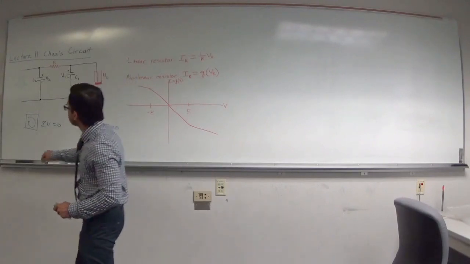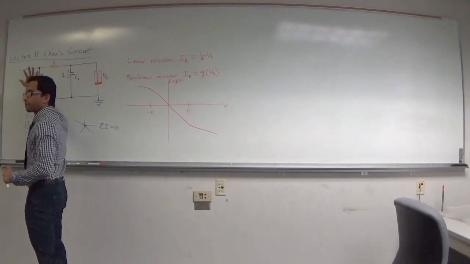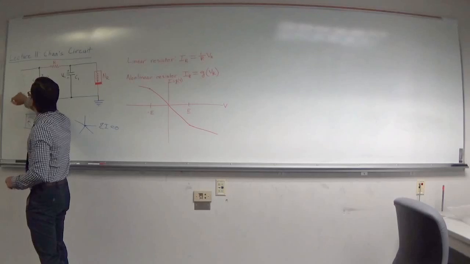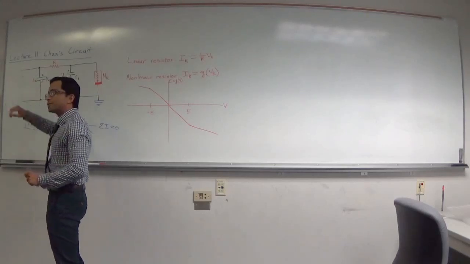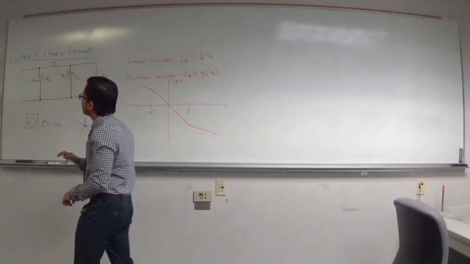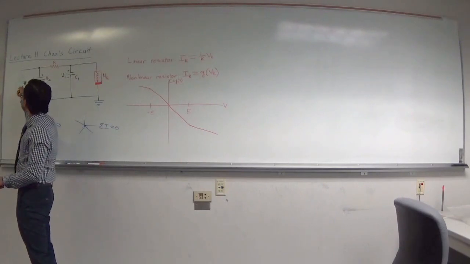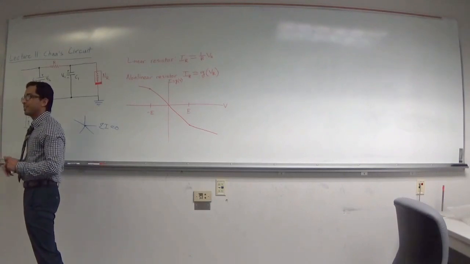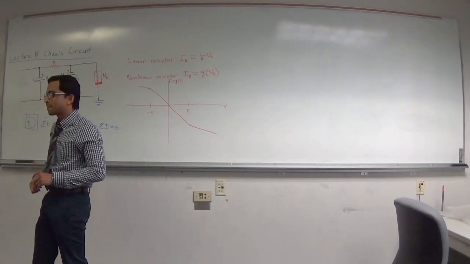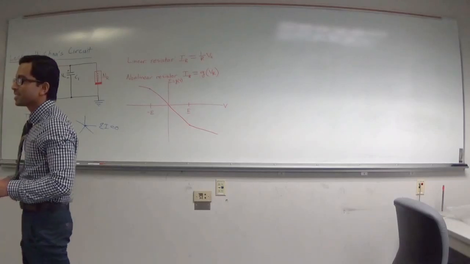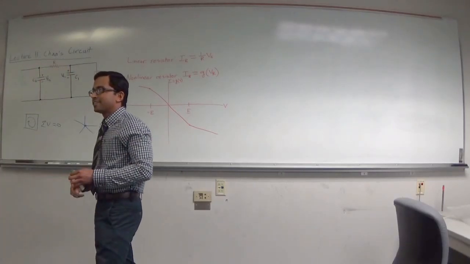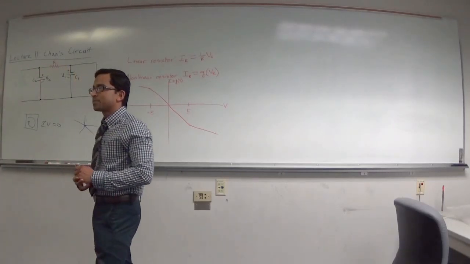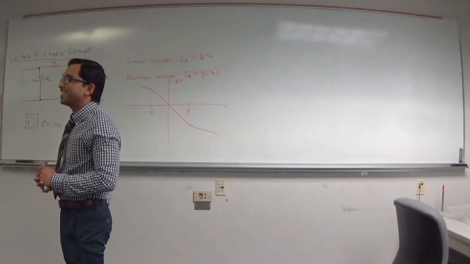So first we can look at, say, this part. Do we want to use Kirchhoff's current law or voltage law? In order to know that, we have to know the relation between voltage and current for an inductor. So do we remember what that is? It's physics too.